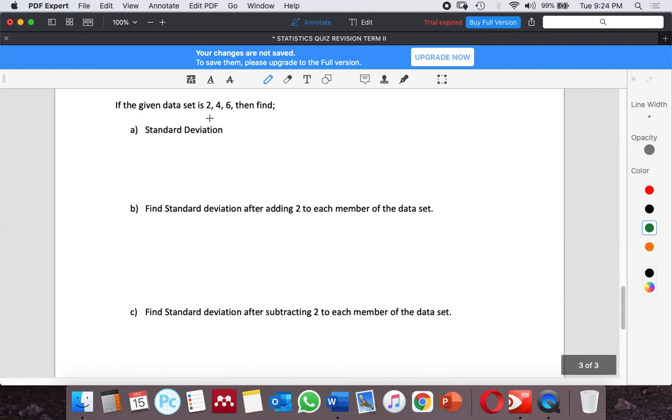If the given data set is 2, 4, 6, find the standard deviation. So to find the standard deviation, you know this. First of all, we have to find the mean, which is 2 plus 4 plus 6 divided by 3, which is 12 divided by 3, which is 4. That is the mean.